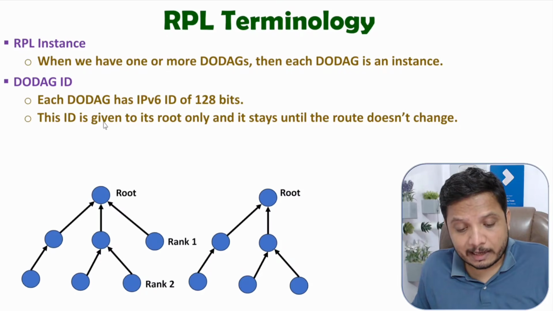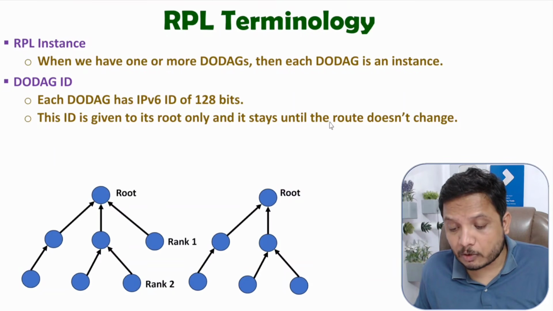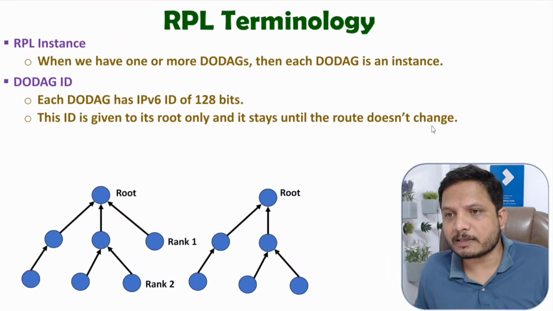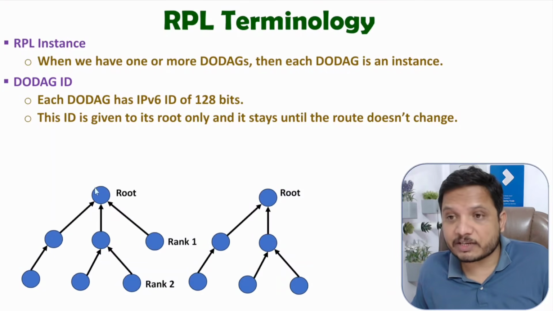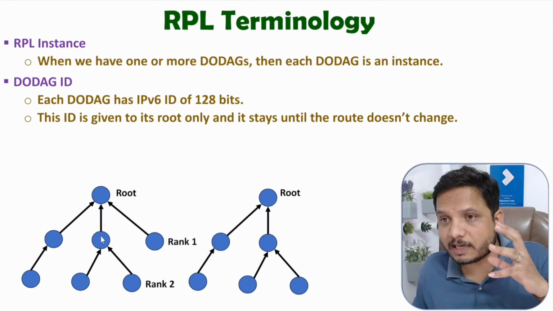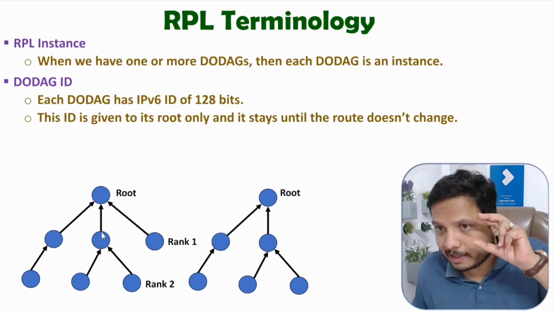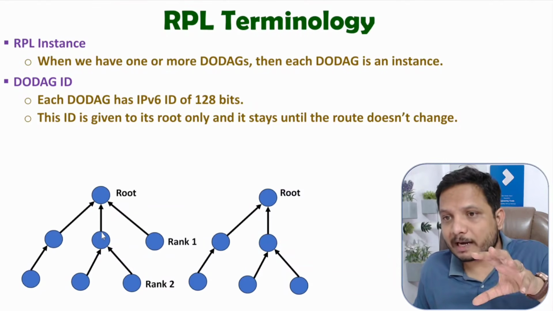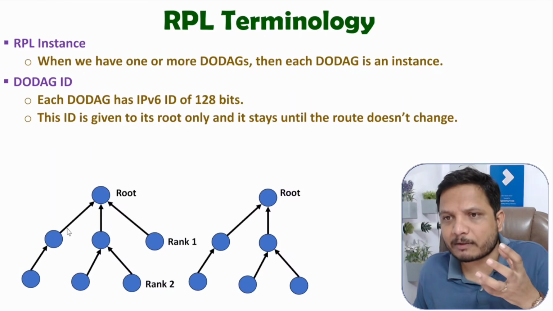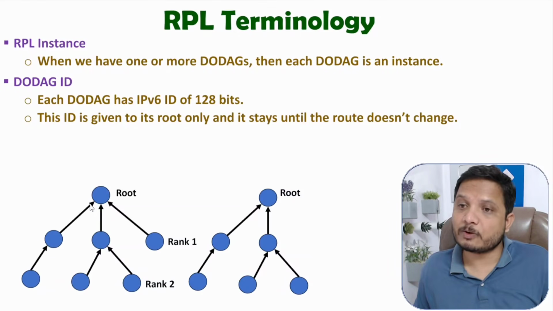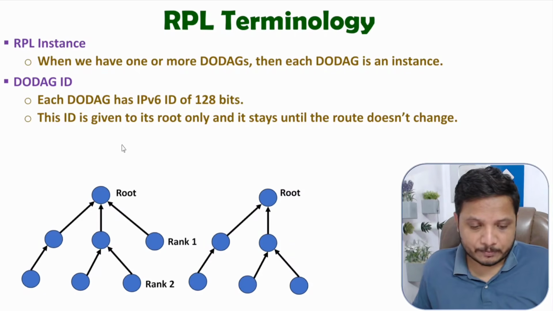So this ID is given to the root only and it stays until the root changes. Root changes means it is possible that with respect to time, this network may change. So if the network is changing, then any node can be the root node in that given network. So if the root node gets changed along with the DODAG network, then the ID will also change, right?